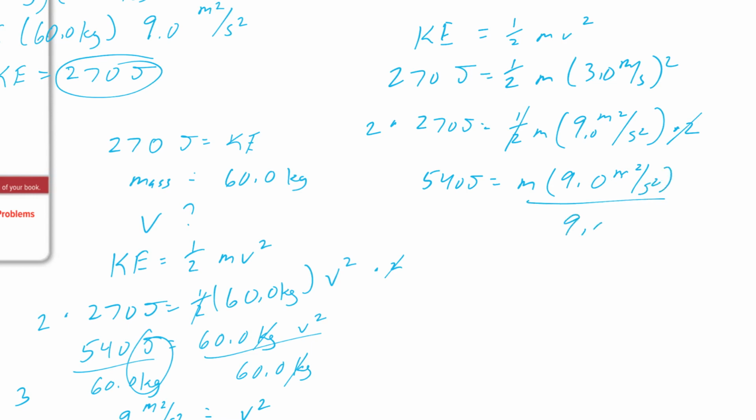Divide both sides by our 9. We take 540 divided by 9, and you should get 60 over here. So there's that.